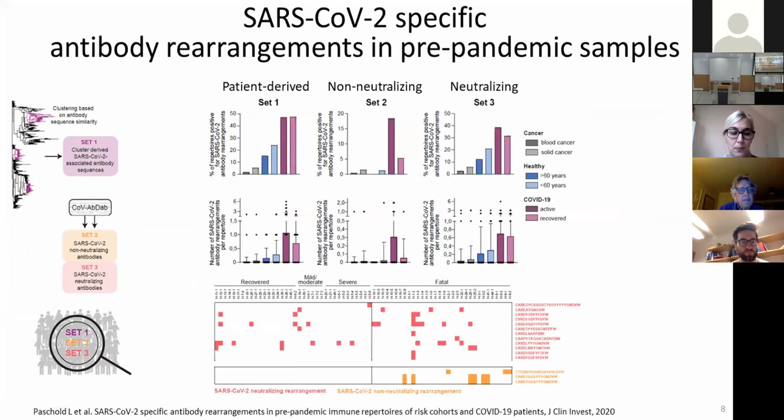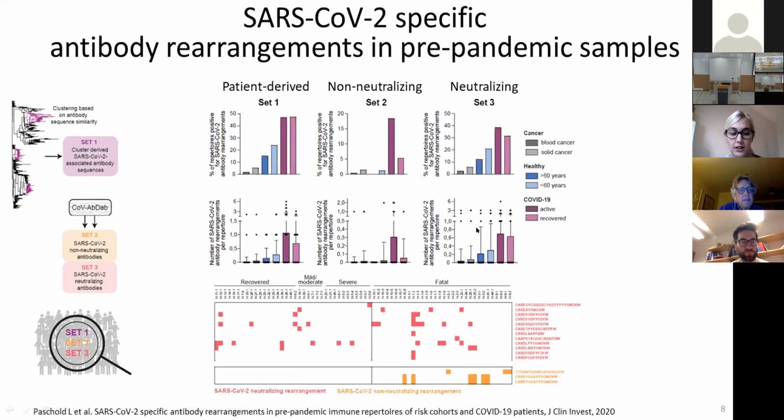Okay, so as I said before, one feature of SARS-CoV-2 is that it evokes naive responses, and this brought us to search for sequences with a similar rearrangement, because if they are naive, then they could be present already before the antigen contact, which could determine the response to the virus to be a mild or a severe disease.